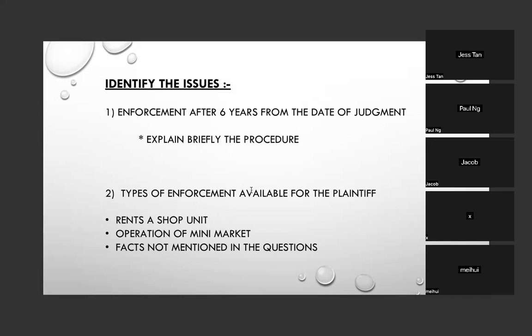Okay, so second issue will be the types of enforcement available for the plaintiff. Okay, on the facts itself, it was stated that he rents a shop unit for the operation of a mini market, and also some facts which are not mentioned in the question that we can assume from the facts itself.